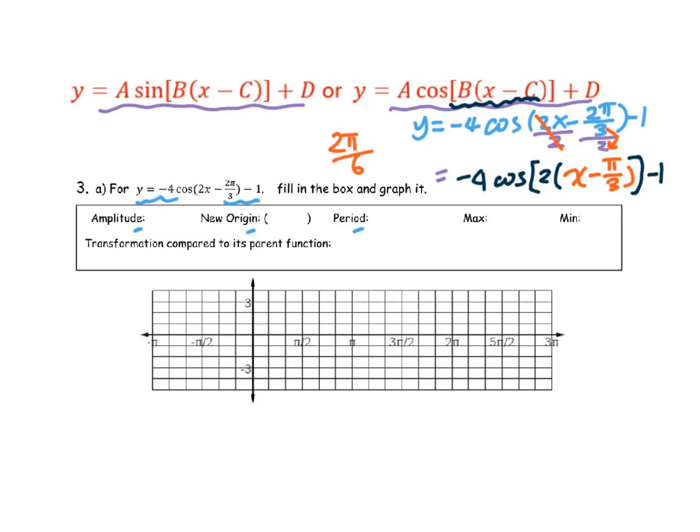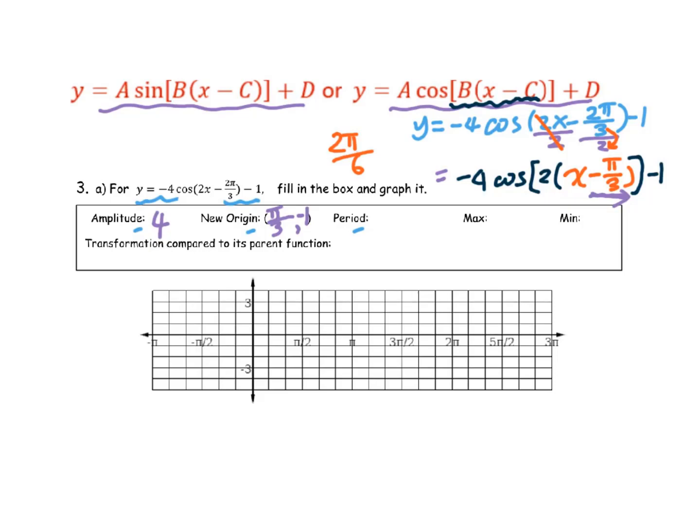From here, you can figure out the amplitude is 4. New origin: inside is liar. That's why you got opposite for inside. They will move to the right side. That's why we got pi over 3 and -1.